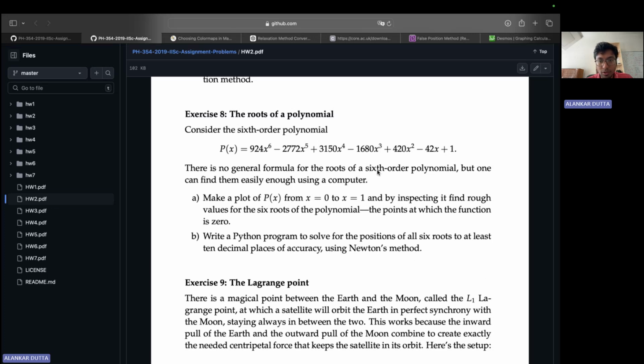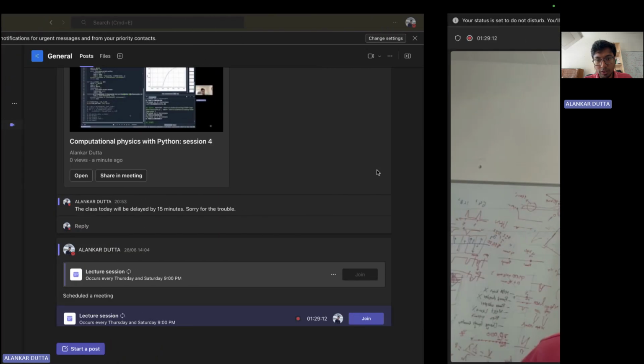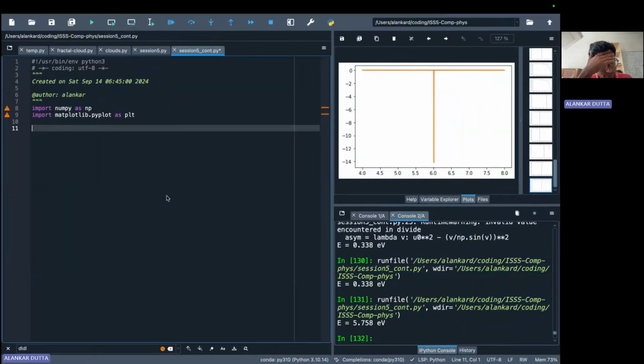So let's code this polynomial up, and then we can move on to plotting. The first part, I think, by now will be very straightforward to you.